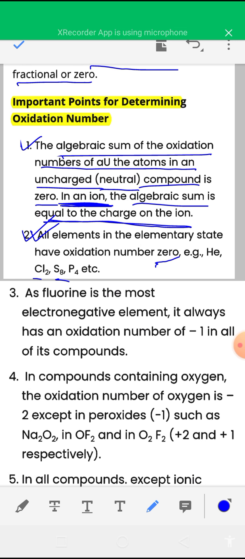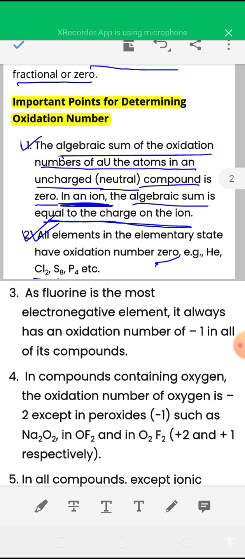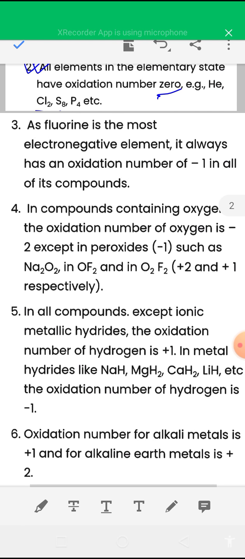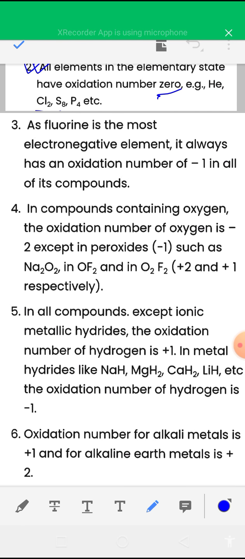Next, as fluorine is the most electronegative element, it always has oxidation number of -1 in all of its compounds. Next one, in compounds containing oxygen, the oxidation number of oxygen is -2.